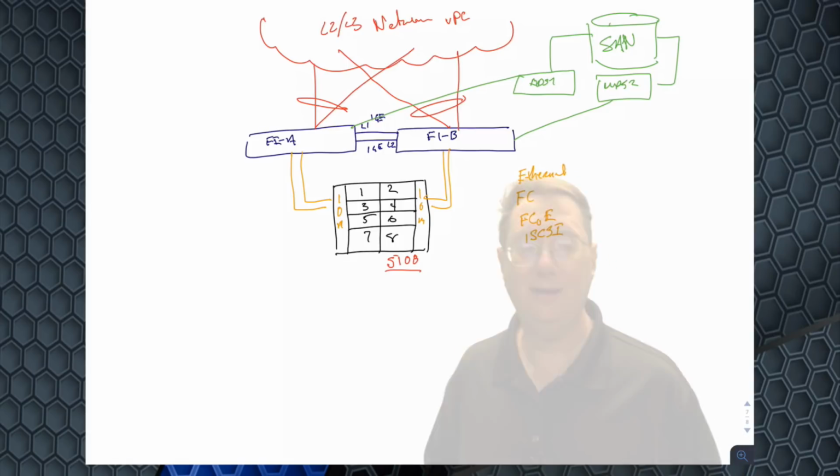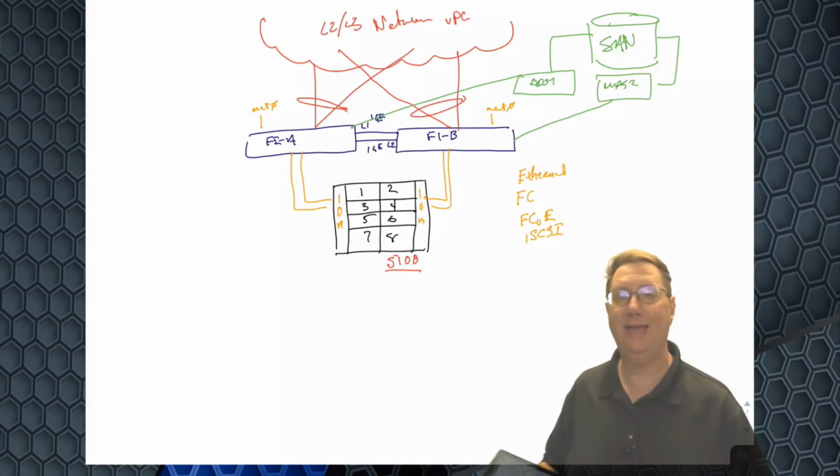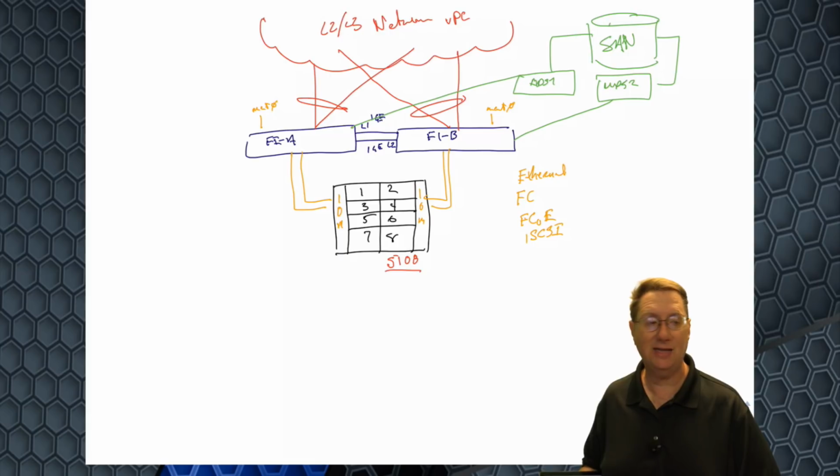Now when we look at that, that's also very important for us, because keep in mind each one of these devices has its own management zero interface. And you may remember our conversations in DCII where we talked about split brain behavior as it relates to objects like Nexus 5Ks and 7Ks operating in VPC.